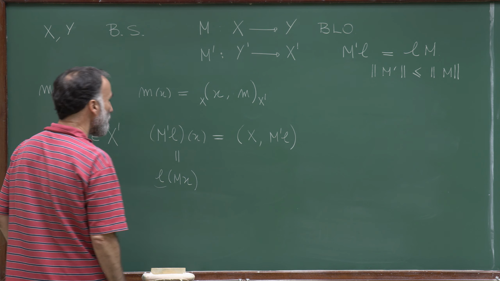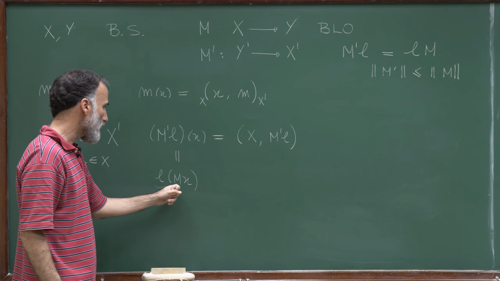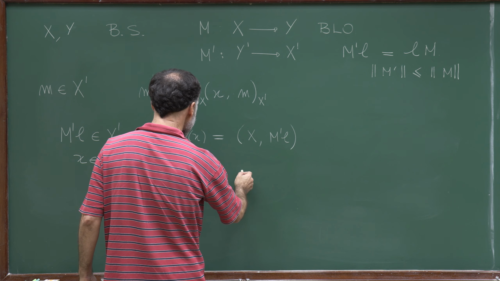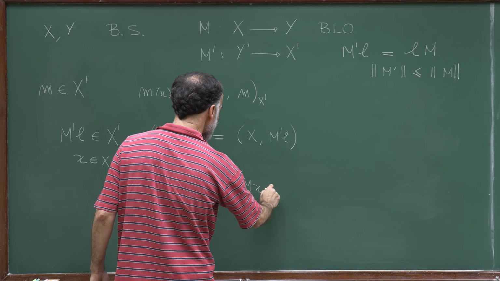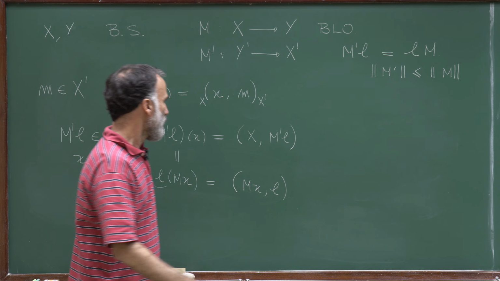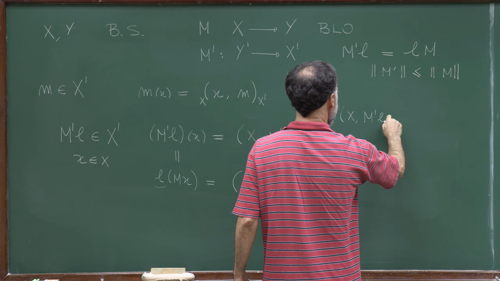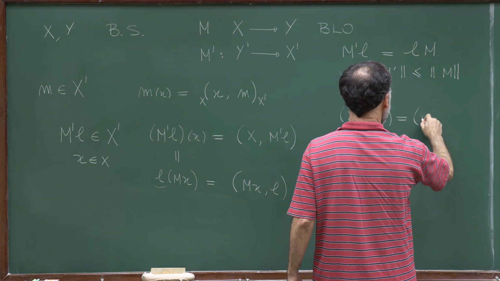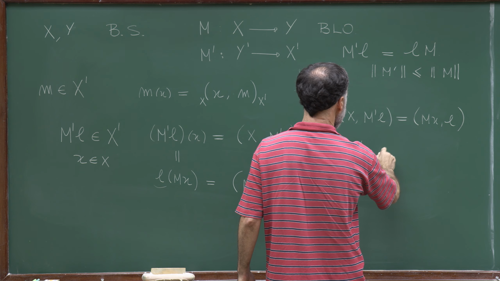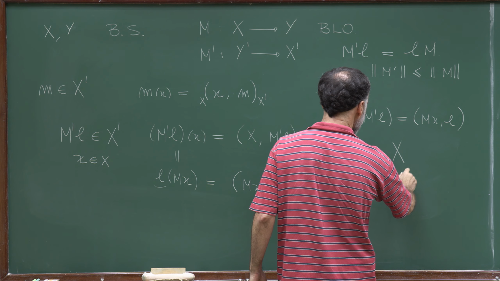Now, L is a bounded linear functional on Y, so it's an element of Y prime, and Mx is an element of Y. So with my notation, I can write this object as Mx L. And therefore, I get an identity that x M prime L is equal to Mx L, and this holds for all x in X and for all L in Y prime.